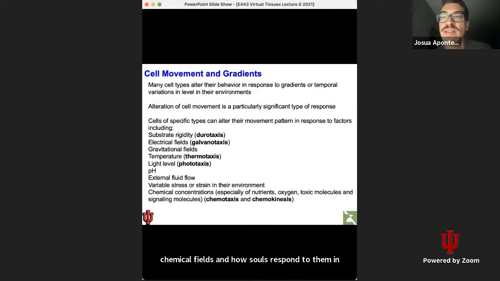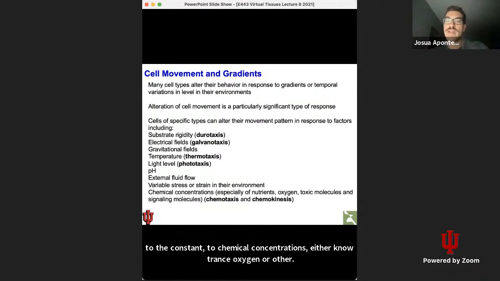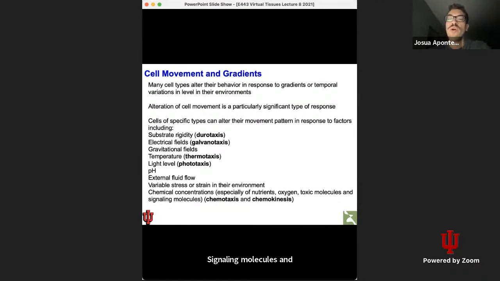One of the many different responses that cells can have to chemical fields is what is known as chemotaxis or chemokinesis. In this case, cells respond to chemical concentrations, either nutrients, oxygen, or other signaling molecules, and move through the gradients of these molecules.